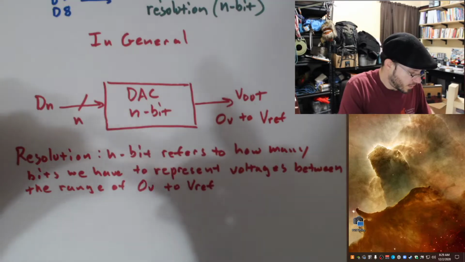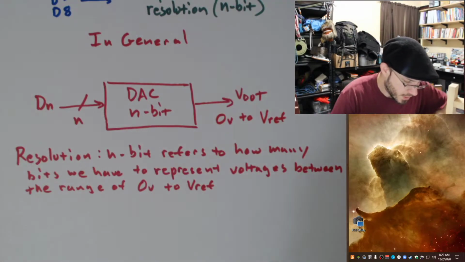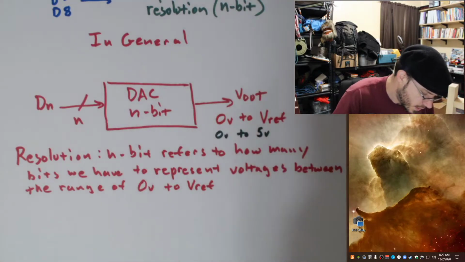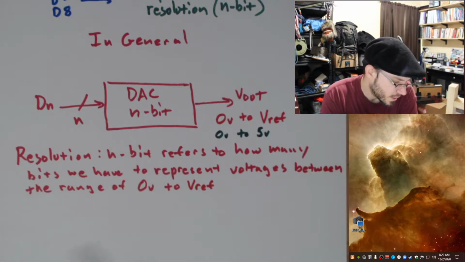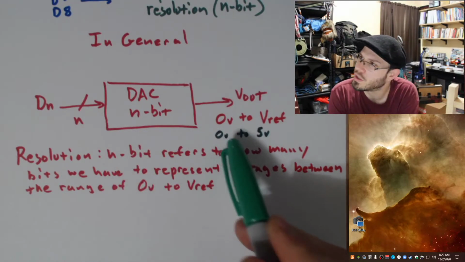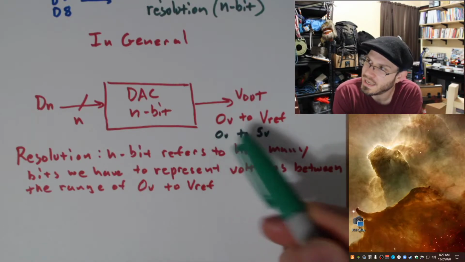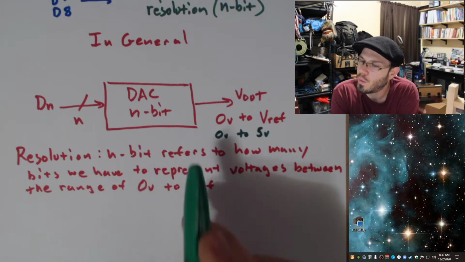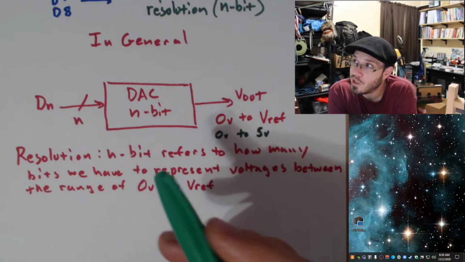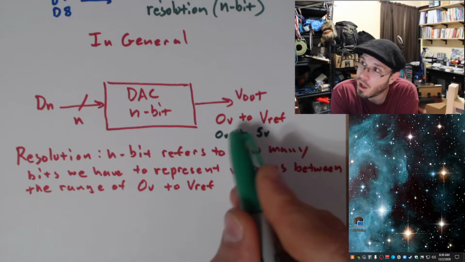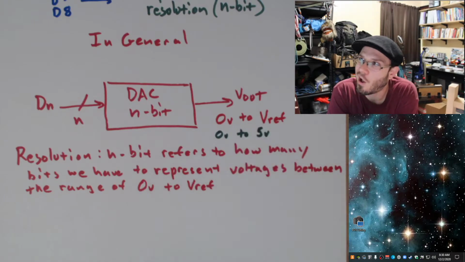So this could be 0 volts to 5 volts. So when we're talking resolution, it determines how many individual steps we have in between 0 to 5 volts. You'll see this in a bit. So resolution, the more resolution we have, the more analog values we can represent on this range of from 0 volts to Vref.